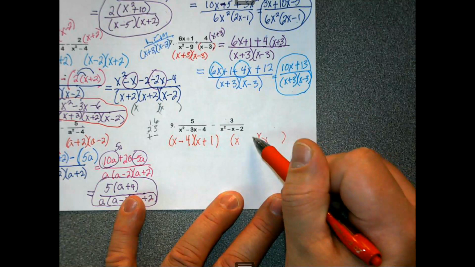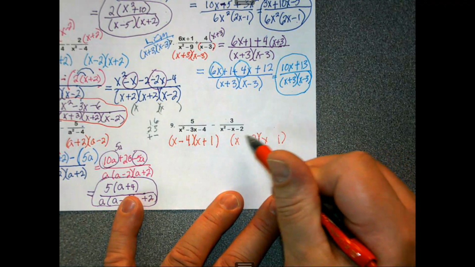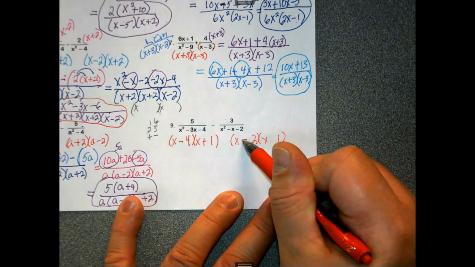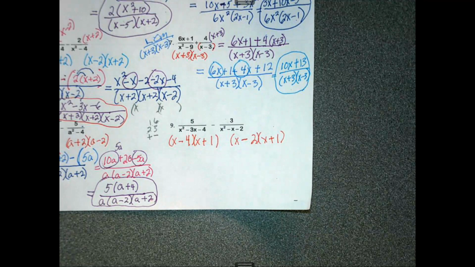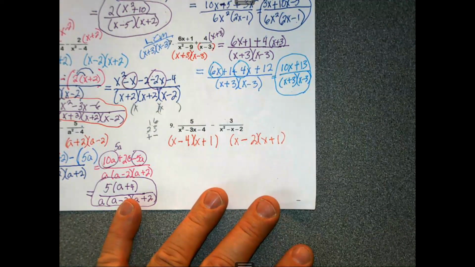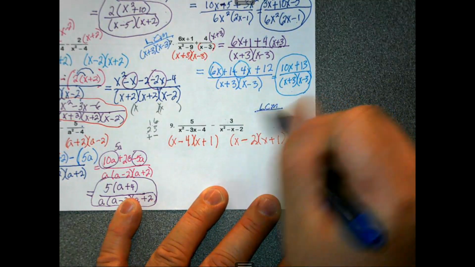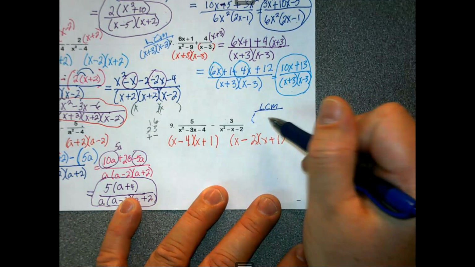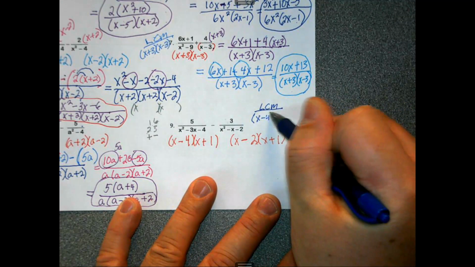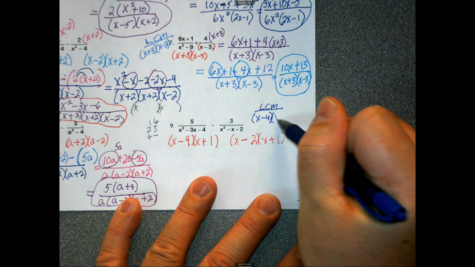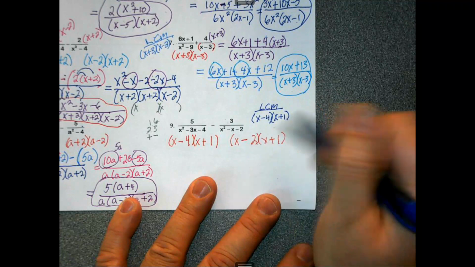There's only one way to get 2: 2 times 1. We want the 2 to be bigger, negative, because we want a negative 1. All right, so my LCM is x minus 4, x plus 1, and then I need another x minus 2.